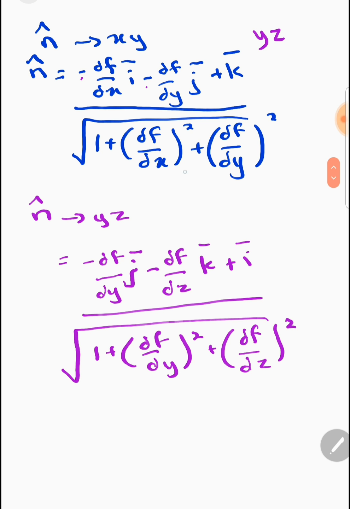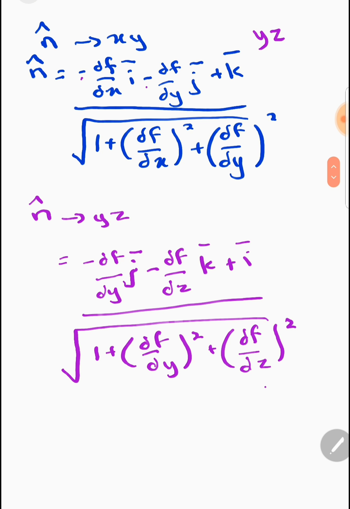And of course, as you have guessed, the denominator actually has the same formula, only that all the denominator terms will correspond to my y and my z. For example, this one is x and y, then this is x and y here.